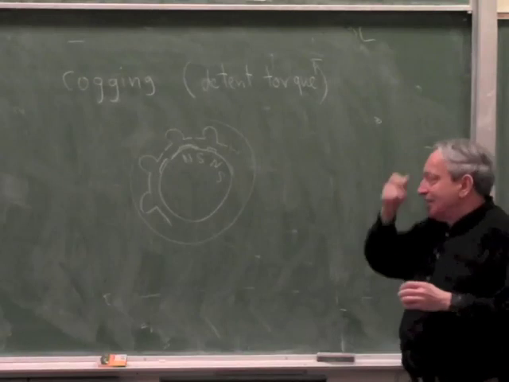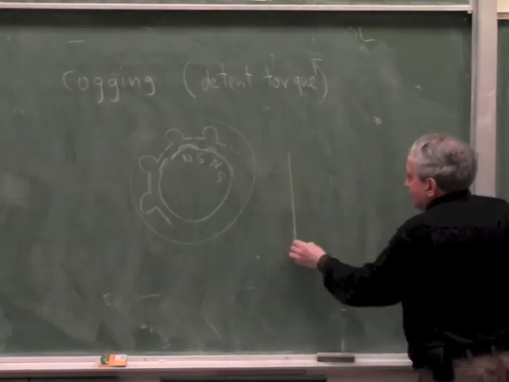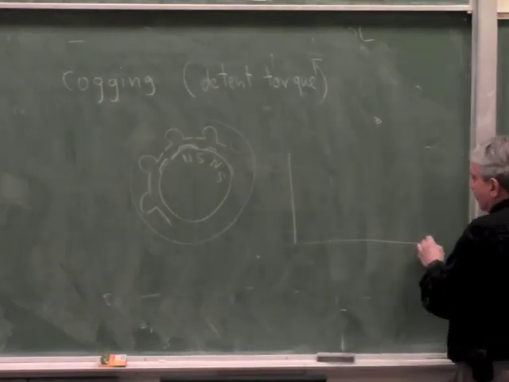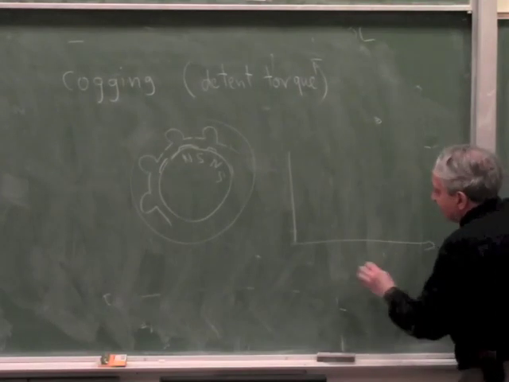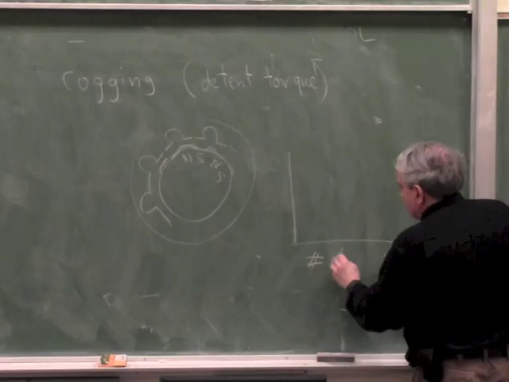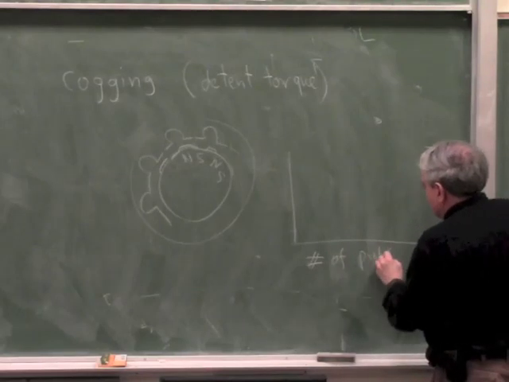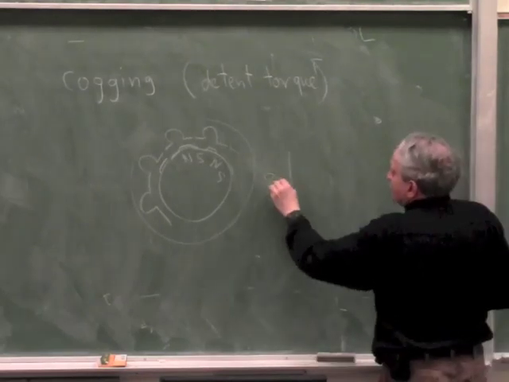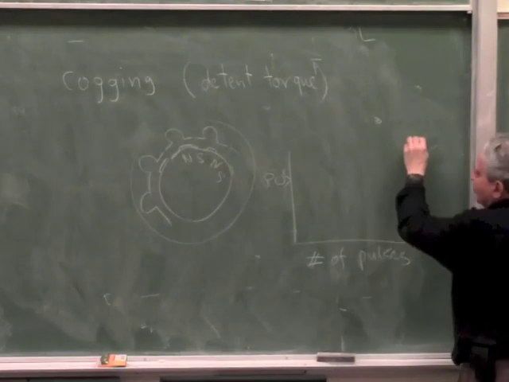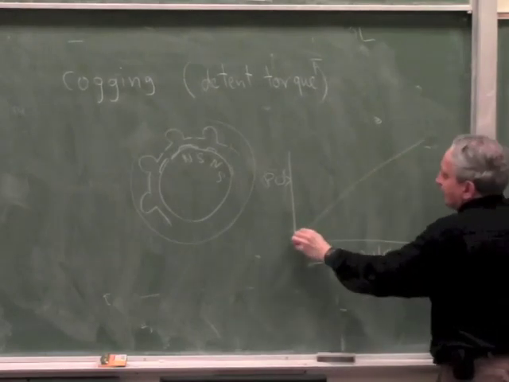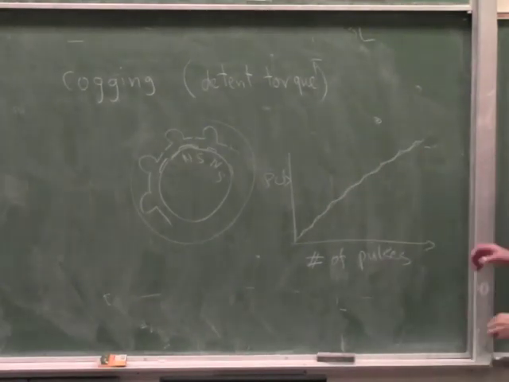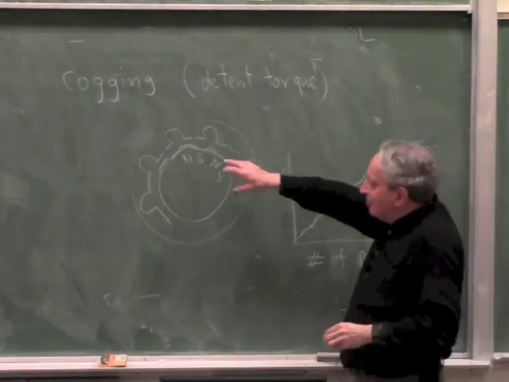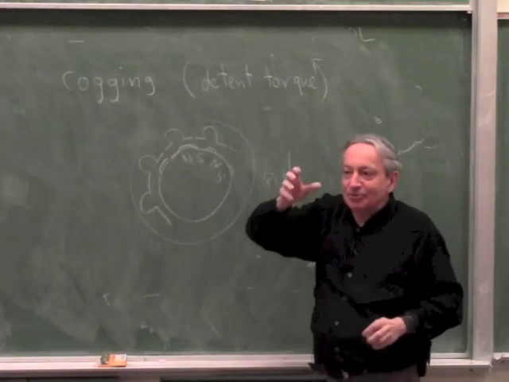Okay? So what it really means is that if you draw, say, this is number of pulses, and this is position, a stepper motor will not be exactly a straight line. It will actually have a tendency to do this because it will pull itself into its natural positions.